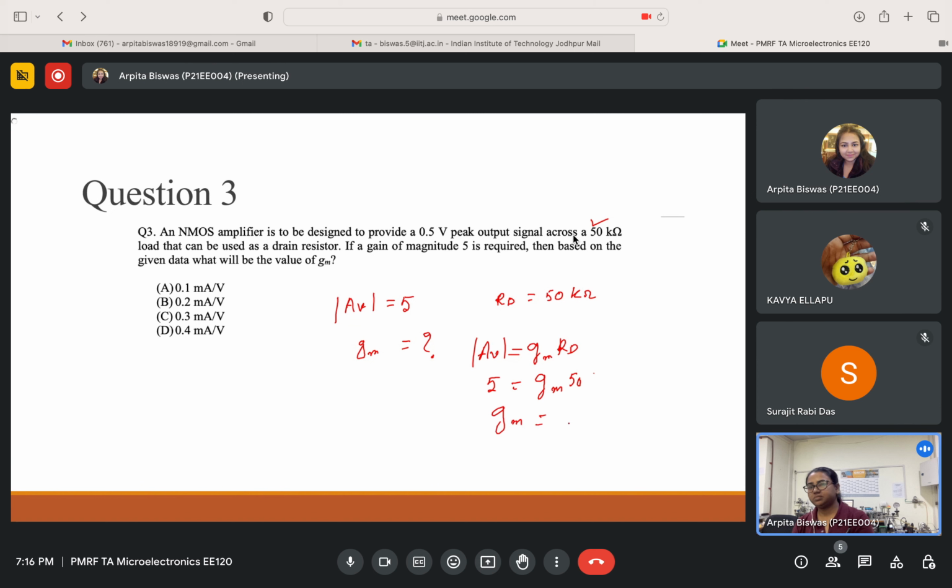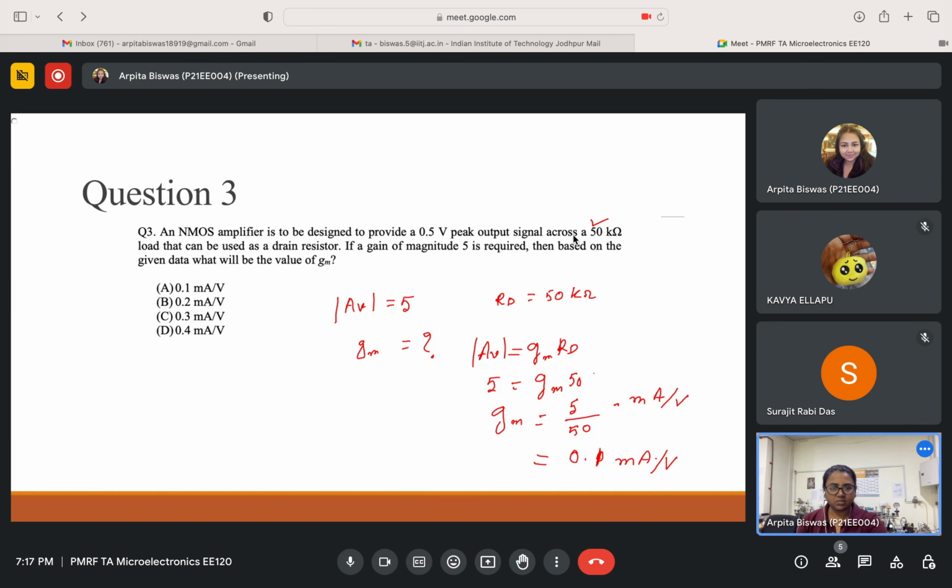What is the value of GM right now? 5 by 50 milliamps per volt, so 0.1 milliamps per volt.